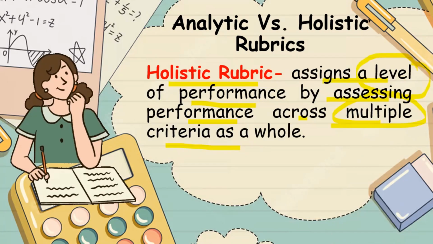So while in holistic rubric, it uses a level of performance by using the multiple criteria. So in contrast to analytic, the holistic rubric does not list separate levels of performance for each criterion.